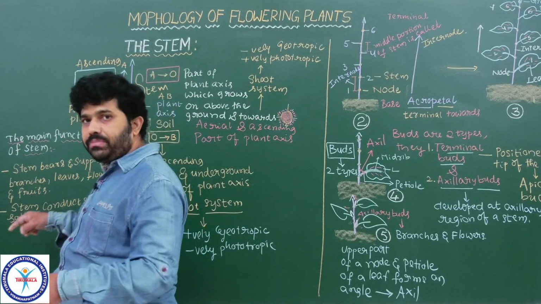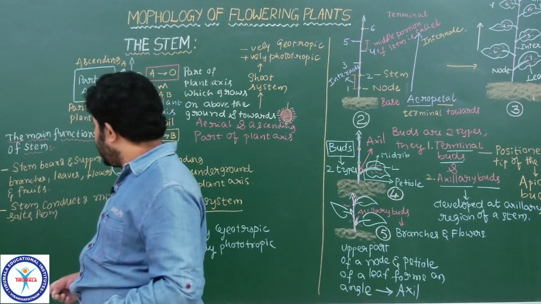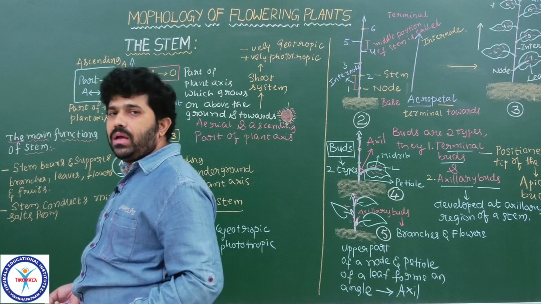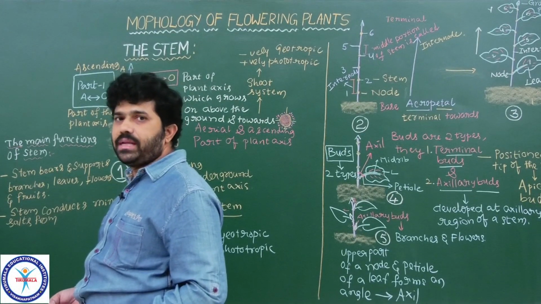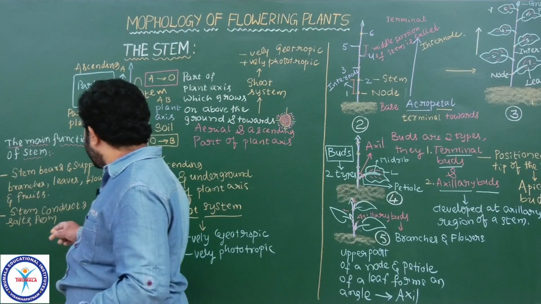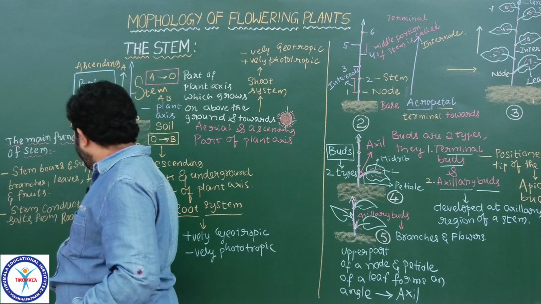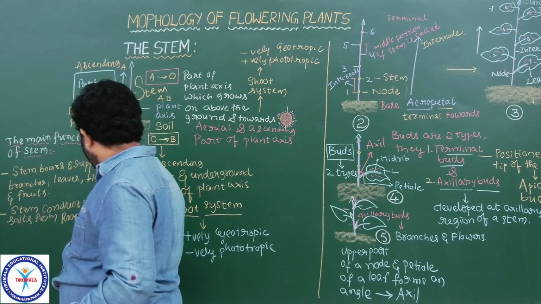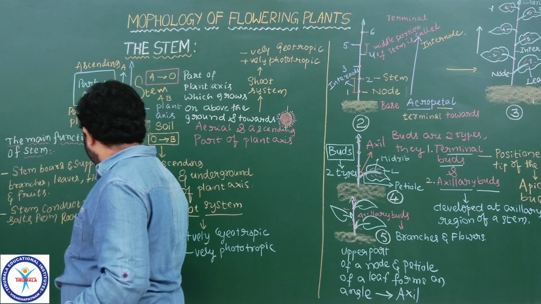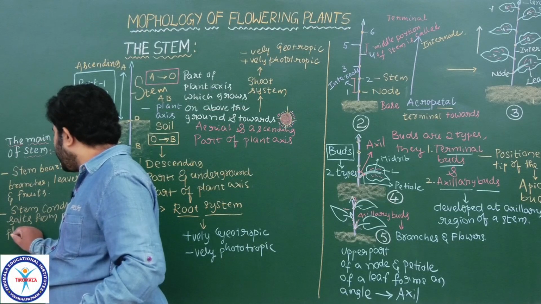So the stem picks up the mineral salts, that is water and minerals, and conducts them to the other apical parts of the plant existing on the stem. So the stem conducts mineral salts from the root to other parts like leaves, flowers and fruits.